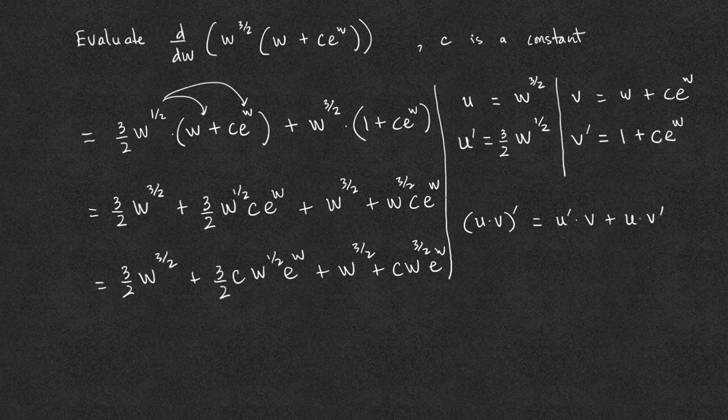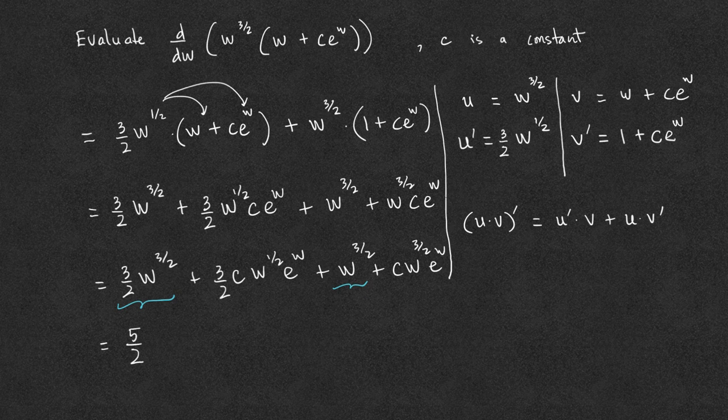We also recognize that there are like terms in this expression. There is 3/2 w to the 3/2 power and there is another 1 w to the 3/2 power. And so we need to combine like terms. 3/2 and 1 is 5/2.